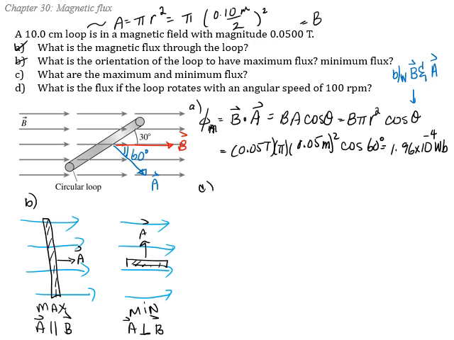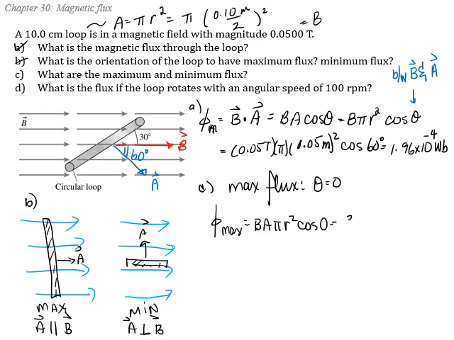What are the maximum and minimum flux? So part C, maximum flux has theta equals 0. So our phi maximum is equal to B times pi r squared times cosine 0. I'm not going to put in my numbers this time.